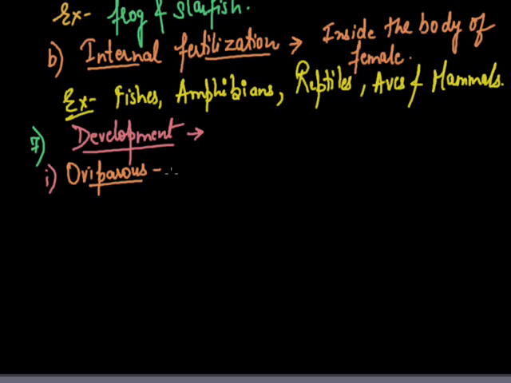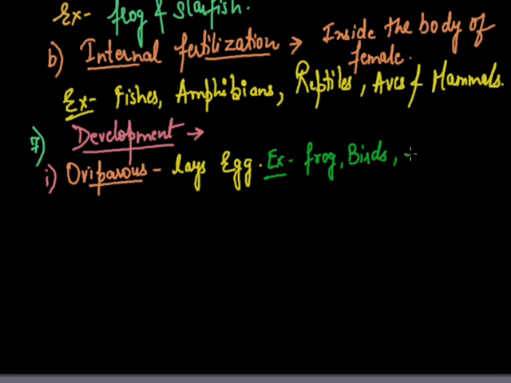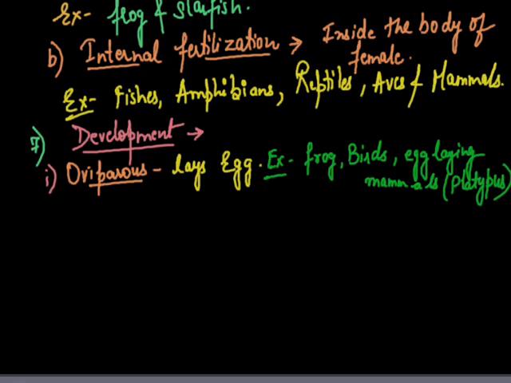So these are the animals which lay eggs. Examples of this are frog and birds. There is also an egg-laying mammal called platypus.